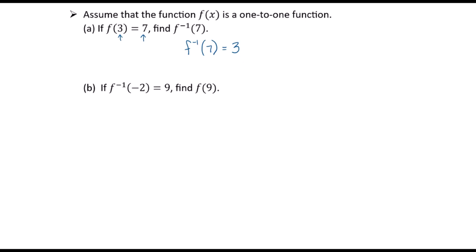Same with this one. If we have f inverse of negative 2 equals 9, what is f of 9? Well, the original f function is the inverse to f inverse. So f of 9 is going to be negative 2.